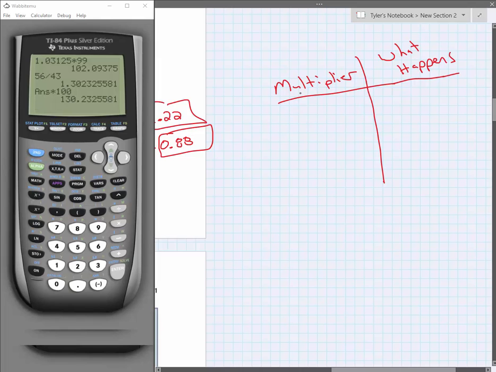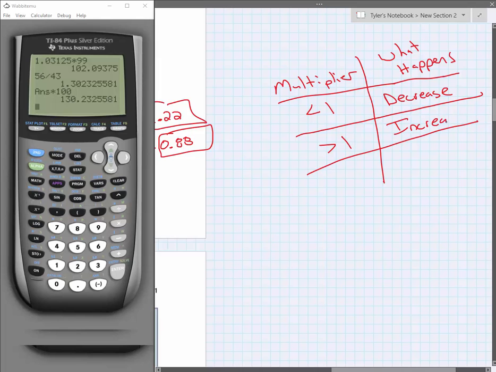If my multiplier is less than 1, we get a decrease. If I take it times a number greater than 1, then we have an increase. And lastly, let's look at what happens if it's equal to 1. Then that represents no change.